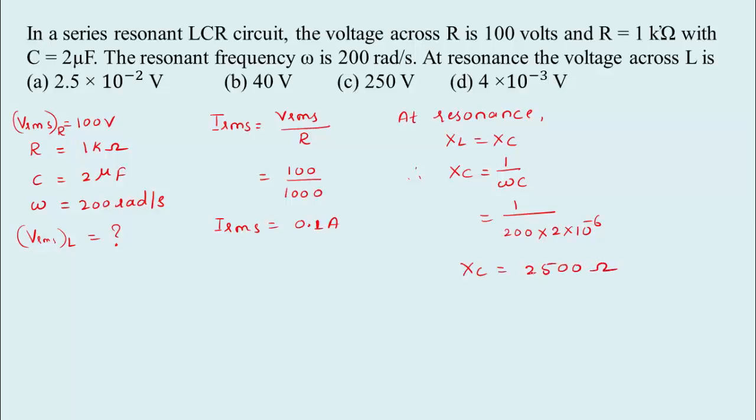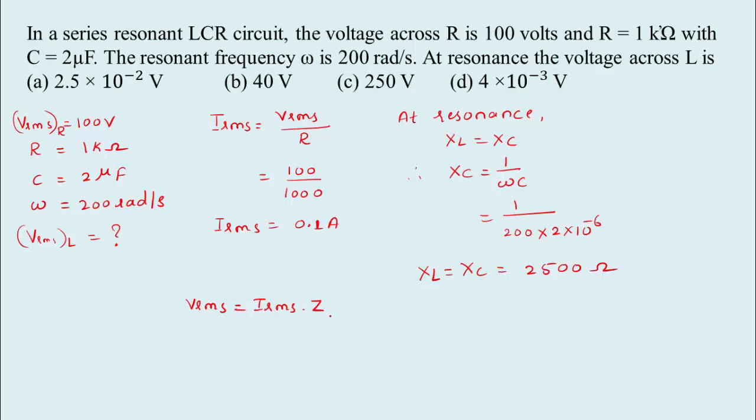But at resonant frequency, XL and XC both are equal. Means we have the value of XL, that is 2500. Now we have to find Vrms, that is voltage across inductor. So we have the equation, that is Vrms equal to IRMS into impedance, because this is the opposition offered by series LCR circuit.